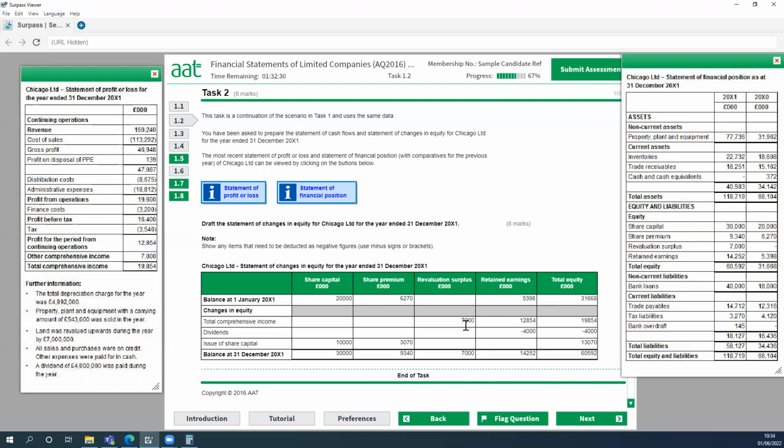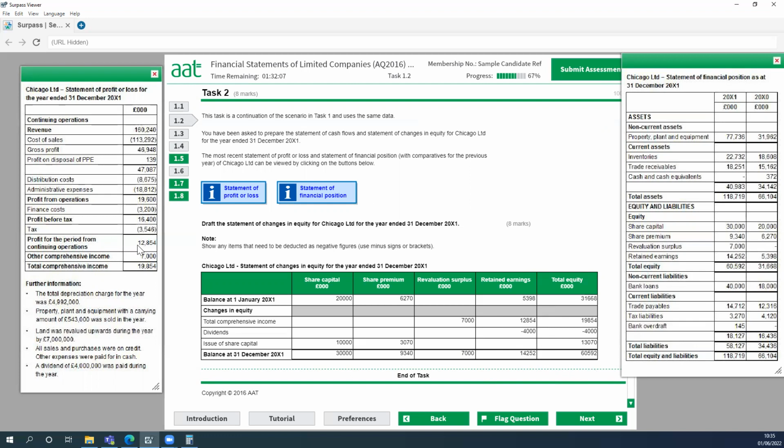Okay. And then we've got our retained earnings. So again, go to your retained earnings. At the beginning of the year it is 5,398. Your retained earnings at the end of the year is 14,252. I've just put the figures in. And then you've got your profit or loss, or your total comprehensive income.